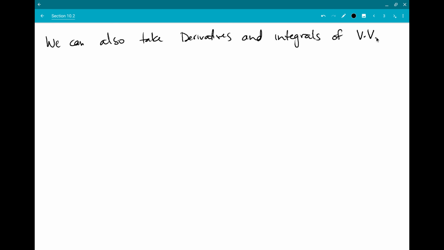of vector valued functions. So for example, let's take our f. I guess we can just use the one we had already. So f equal to t squared i hat plus t j hat minus sine of t k hat.